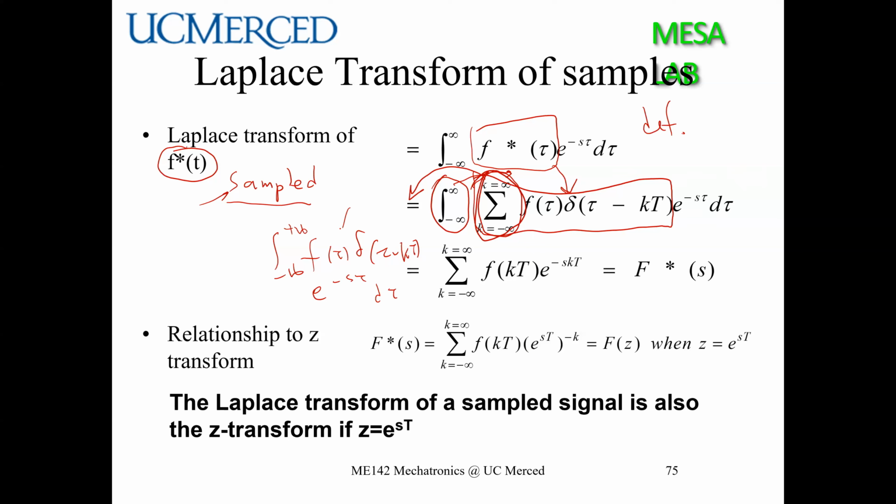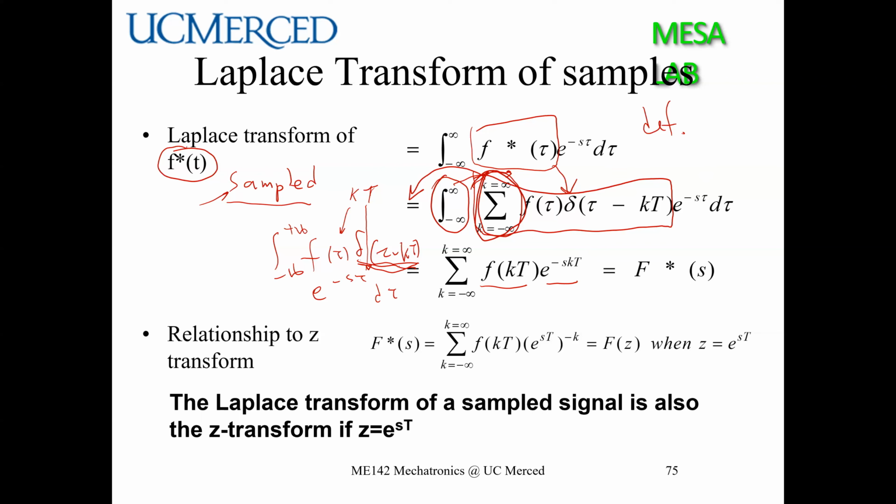So you should put tau here as kT, and you should put k times T to replace tau. Also, you should do this. So that's why you have s kT, right? s kT. Then you also have f kT, and e to the power of s kT, because you are integrating with this magic delta.